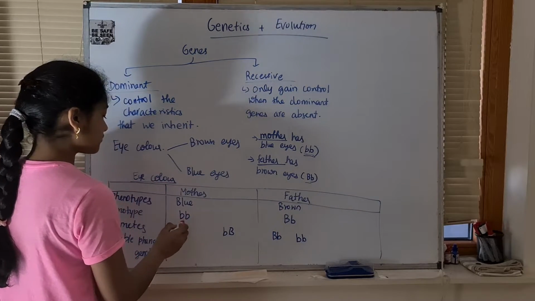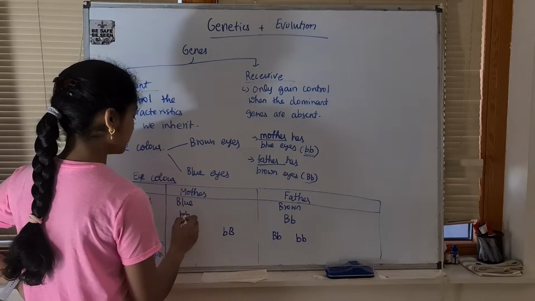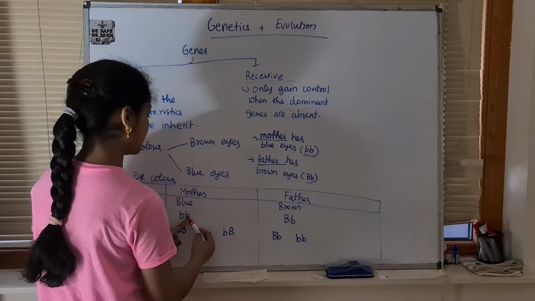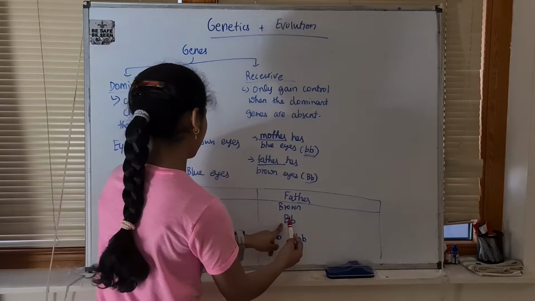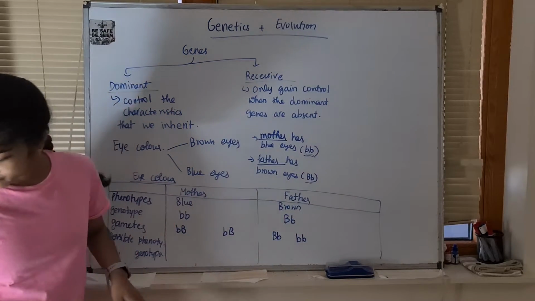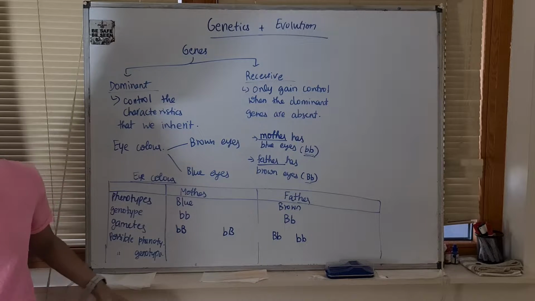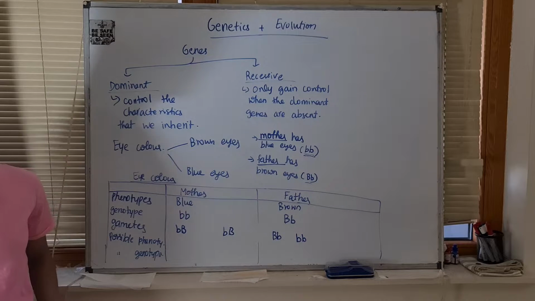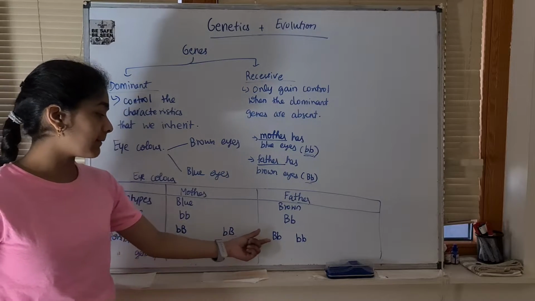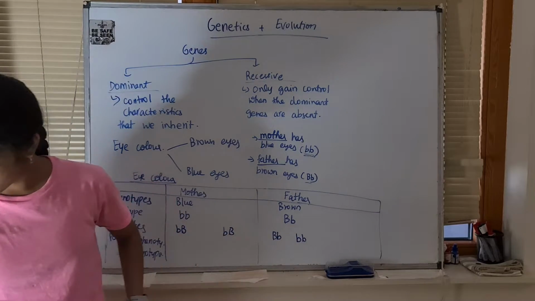So we get capital B, small b, capital B, small b.